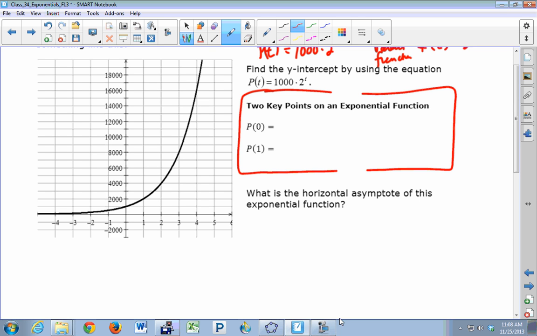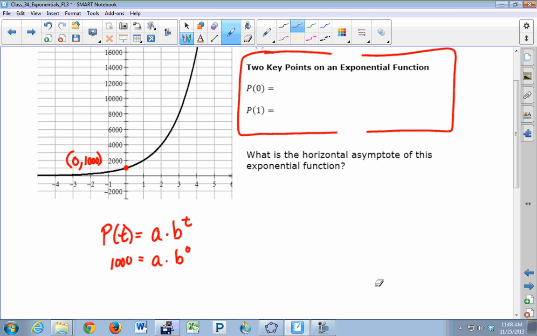So if you notice the 2 key points, if I didn't tell you what the equation was for this function, you could start off by putting some type of function notation down, and you would look at your y-intercept, which is when t is 0, what's the value of p? It's 1,000. So you know that if you were putting this into some type of exponential form like this, you would say, okay, when t is 0, my population is 1,000.